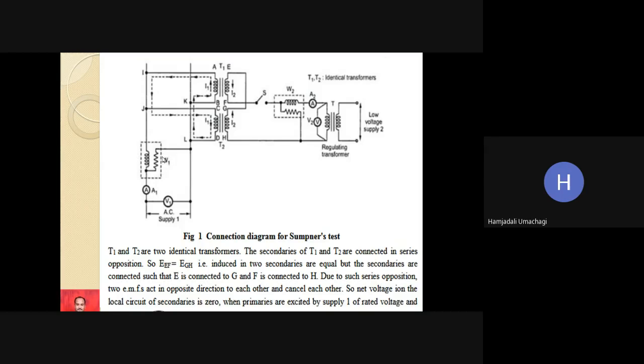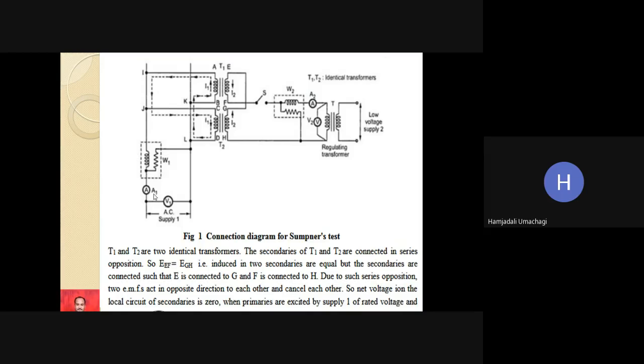Similarly, this W1 reads the total iron loss of both the transformers. That is, W1 is equal to 2 times Pi. If Pi is the iron loss of an individual transformer, Pi plus Pi, that is the iron loss of the first transformer and the iron loss of the second transformer, which are of similar reading, then W1 is equal to 2 times Pi, whereas A1 is equal to 2 times I0.